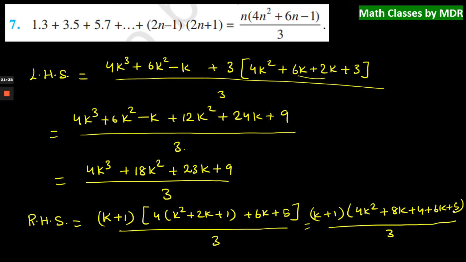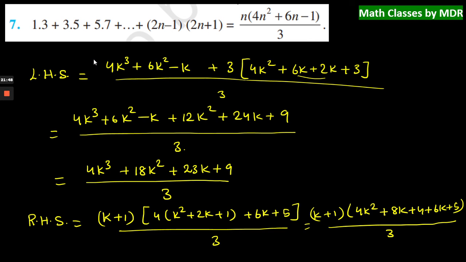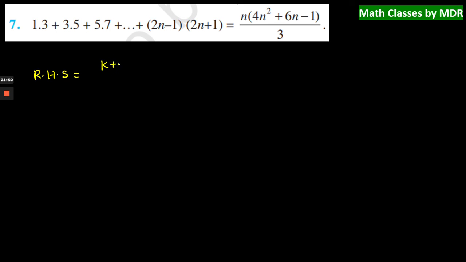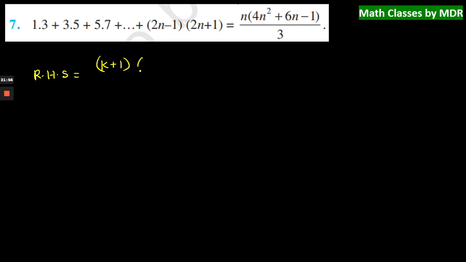And 4 plus 5 is 9. So let us see that this right hand side is equal to k plus 1 into 4k square plus 14k plus 9 whole divided by 3.